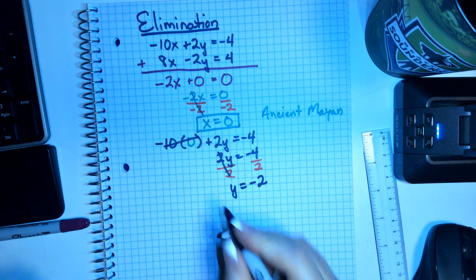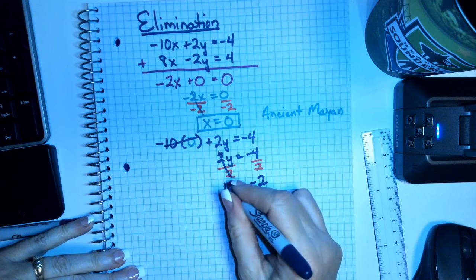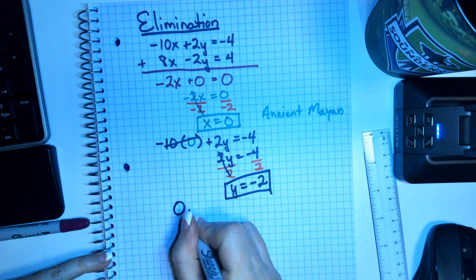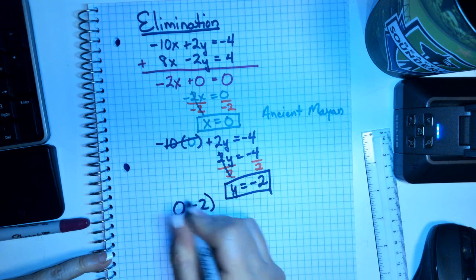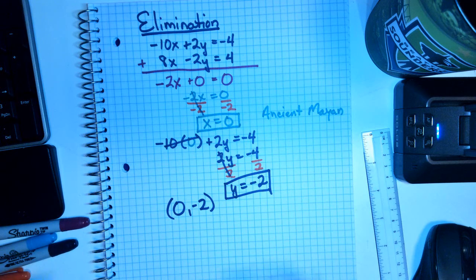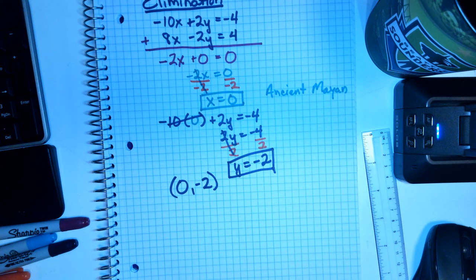So that means that my solution for this particular system is 0, negative 2. I'm going to check this really quick just to make sure I'm right. So here come my checks.